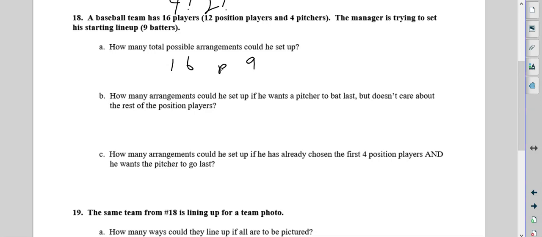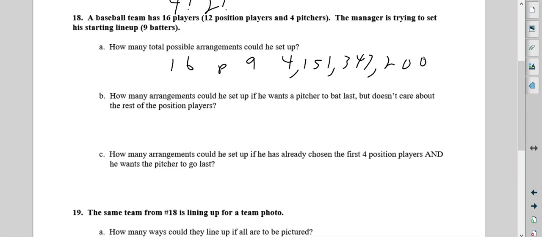Because the pitcher's going to bat. That gives us 4,151,347,200 different lineups from just 16 players.